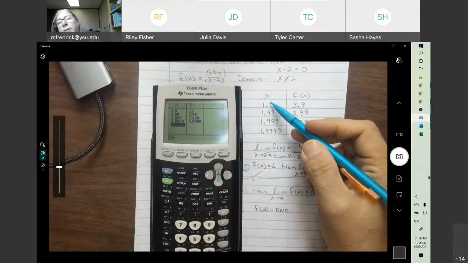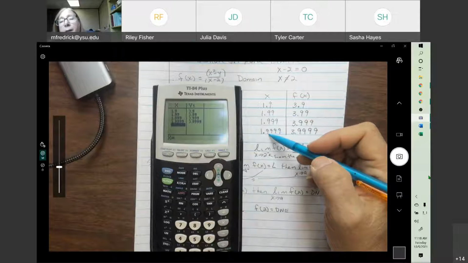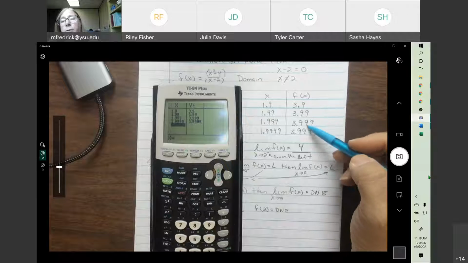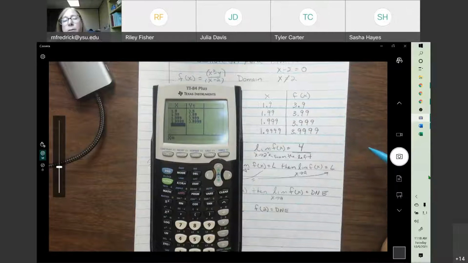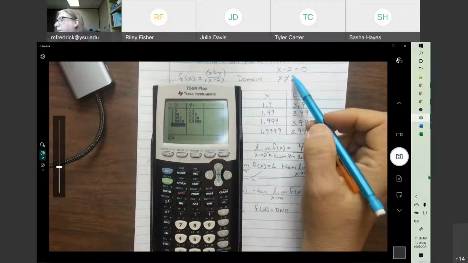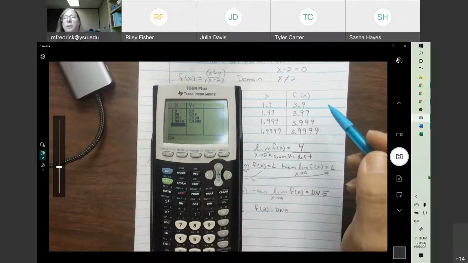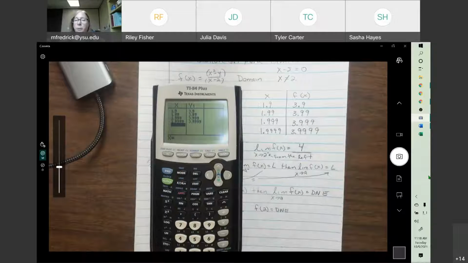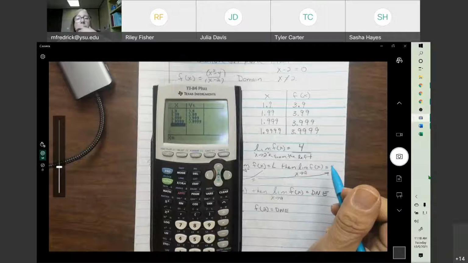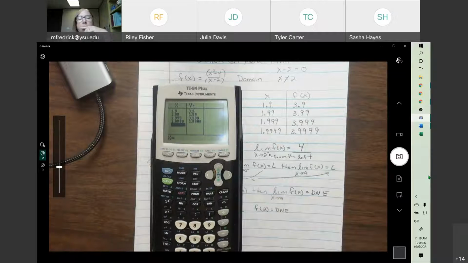So as this gets close to 2 from the left, this gets close to 4. So when you're asked for a limit of a value that doesn't exist, you can plug values a little bit larger and a little bit smaller and see if they come into the same value. Are there any questions on that?